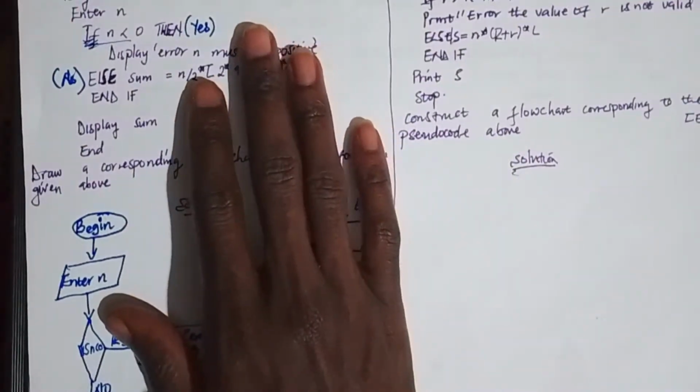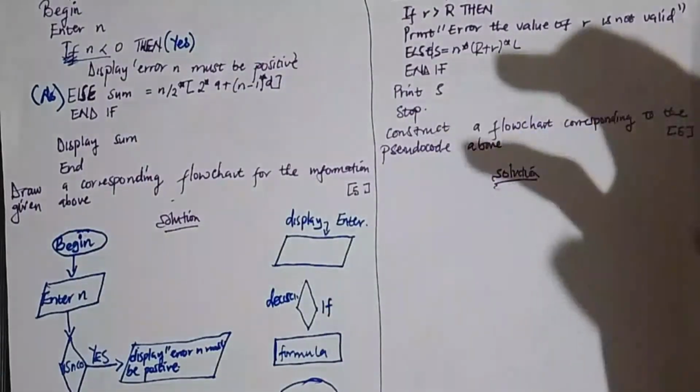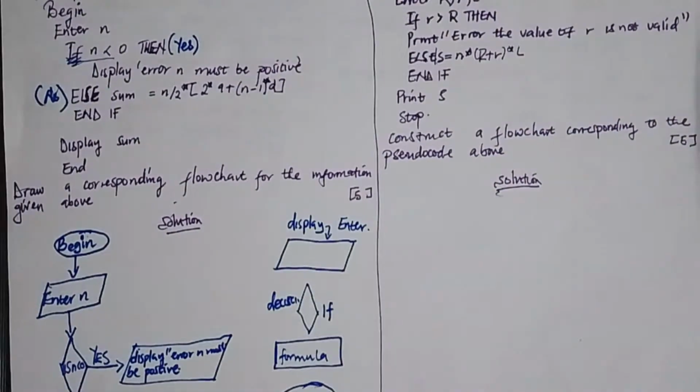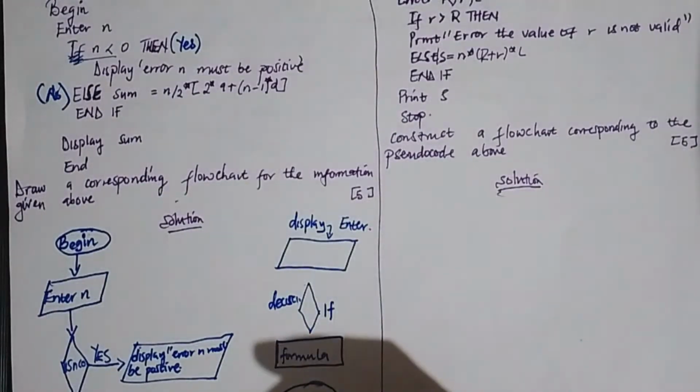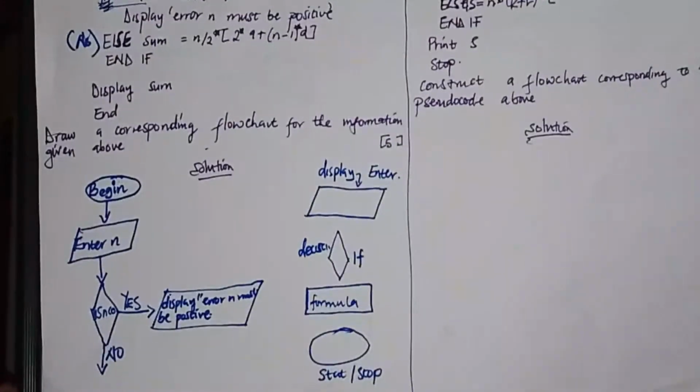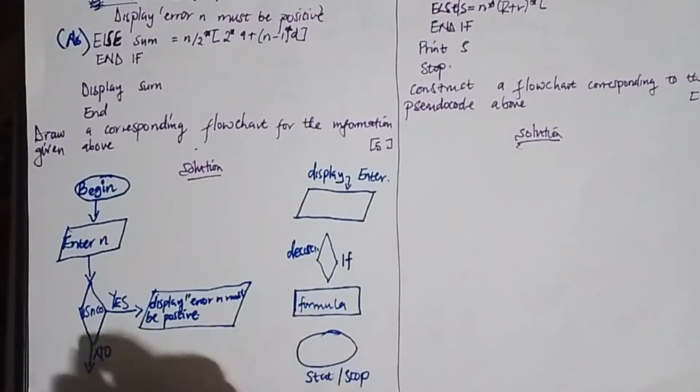It is a formula. If this is a formula, the box we are supposed to use is a rectangle. So after we say no, we write a rectangle.